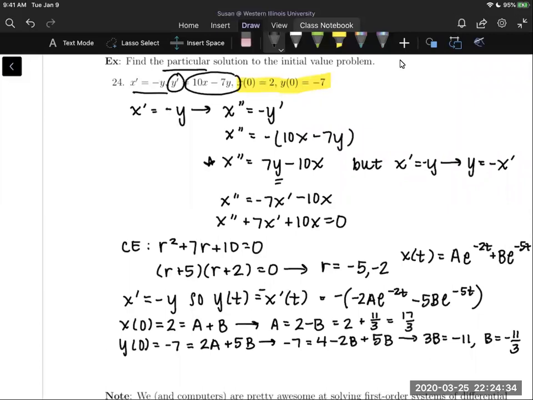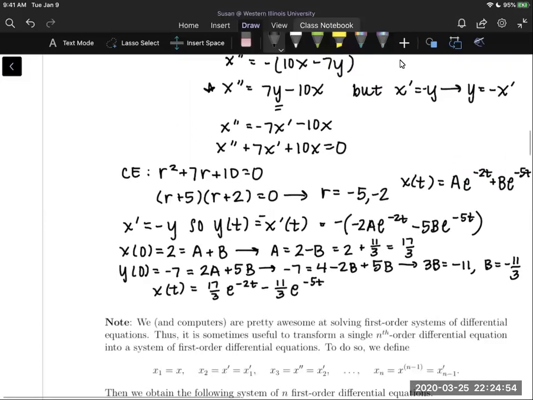So now I'm just going to plug a and b back into the equations that I had found up above. So my x of t is 17 thirds e to the negative 2t minus 11 thirds e to the negative 5t.